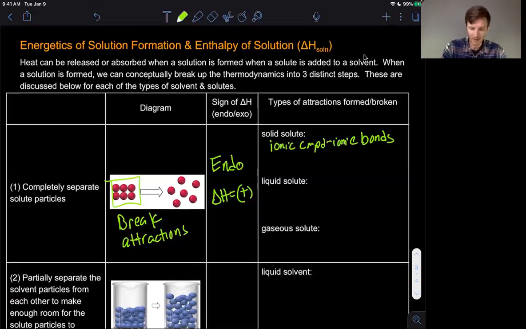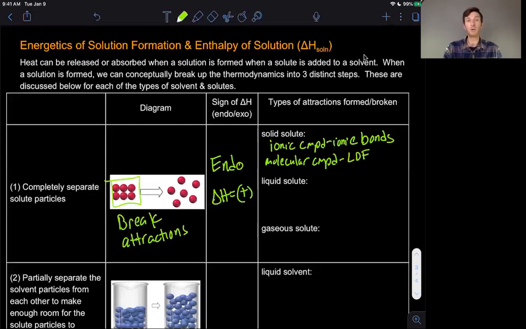Whereas if our solute is a molecular compound, maybe something like glucose or fructose, some kind of sugar molecule, that sugar molecule is not an ionic compound. It's not built of a bunch of different ions. It's made of discrete molecules. Those discrete molecules could interact with each other, if they're nonpolar, by London dispersion force attractions.